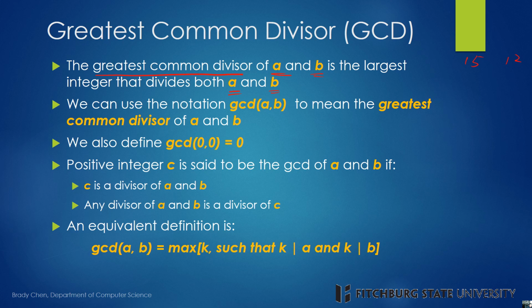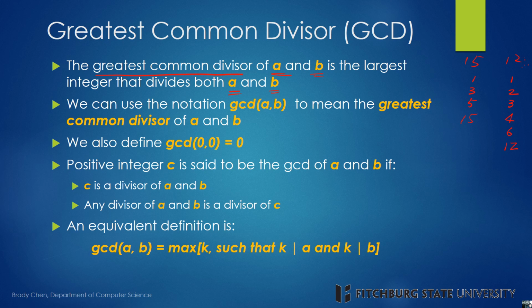We know that 1 can divide 15, 3 can divide 15, 5 can divide 15, and 15 itself can divide 15. For 12, 1 can divide 12, 2 can divide 12, 3 can divide 12, 4 can divide 12, 6 can divide 12, and 12 can divide 12.